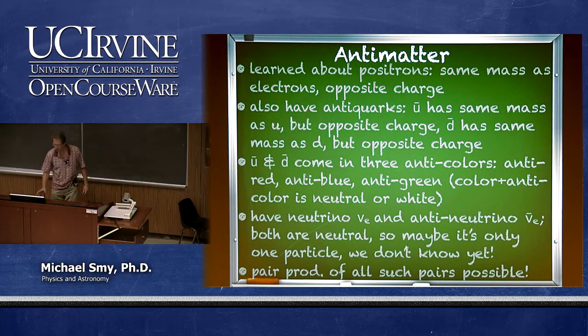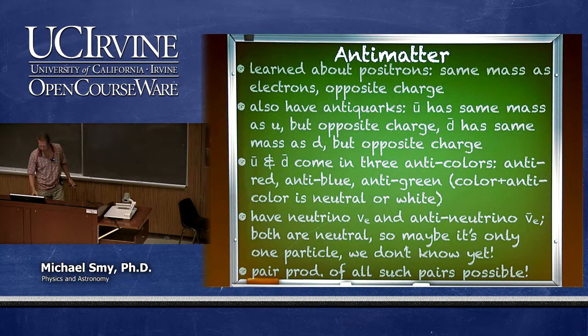Let's briefly talk about antimatter. We already learned about positrons, which are sort of twins to the electrons. They have the same mass as electrons, but they have opposite charges. There are also anti-quarks. So there's an anti-up quark that has the same mass as an up quark, but it has the opposite charge, and the opposite color also.